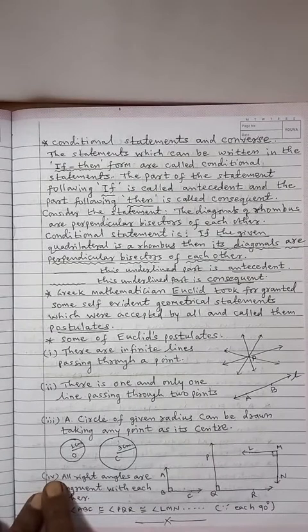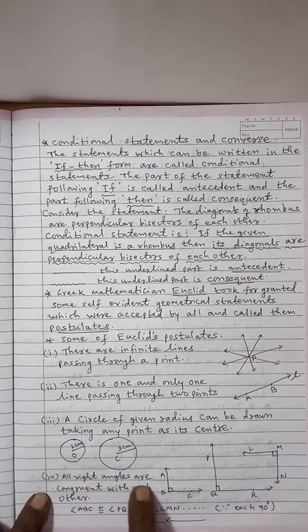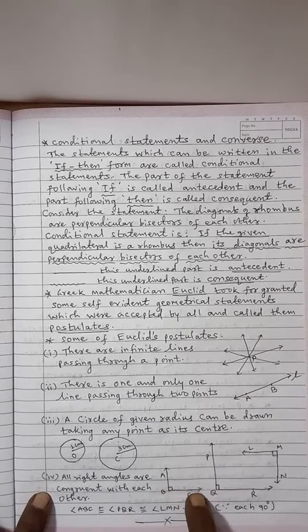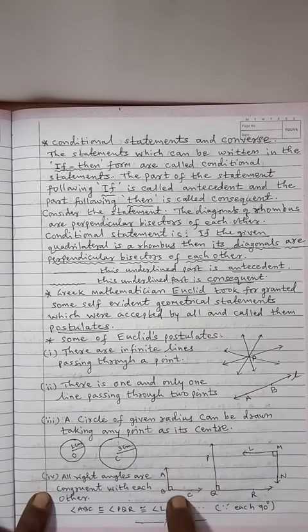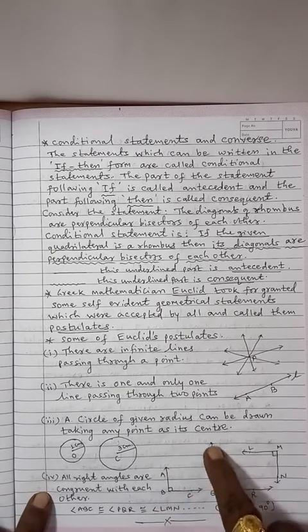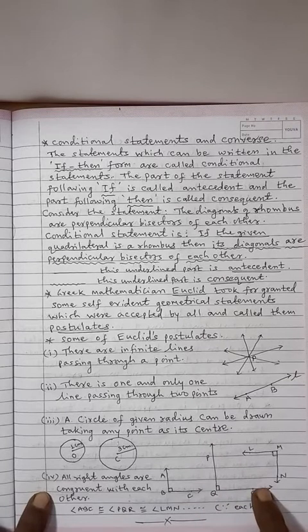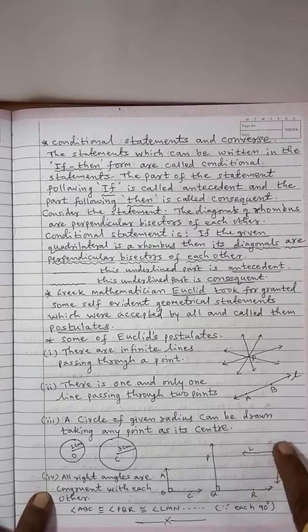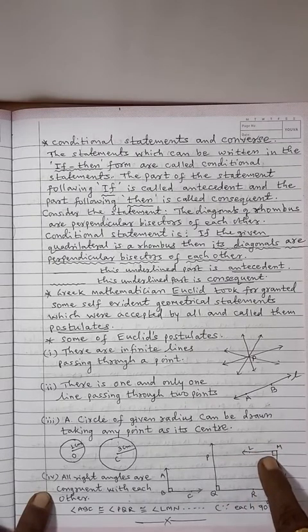Postulate number 4. All right angles are congruent with each other. See the figures. Angle ABC is a right angle, its measure is 90 degrees. Angle PQR, right angle, its measure is 90 degrees. Angle LMN is also a right angle, its measure is 90 degrees.